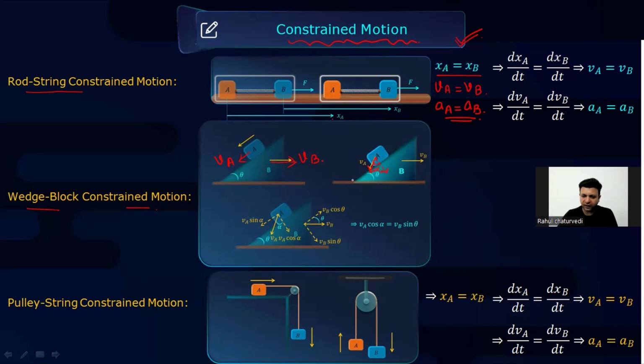Suppose this angle is alpha. So you can resolve all the forces along the inclined plane and perpendicular to the inclined plane. Similarly, for the VB part, the angle here will be theta along the plane.